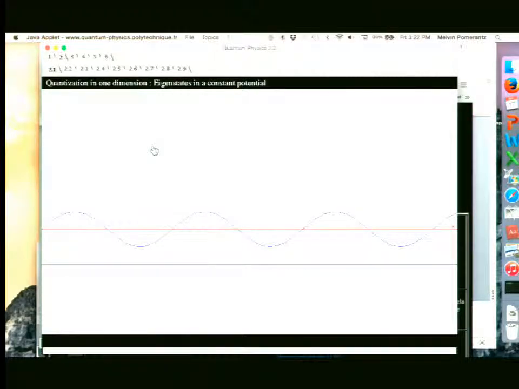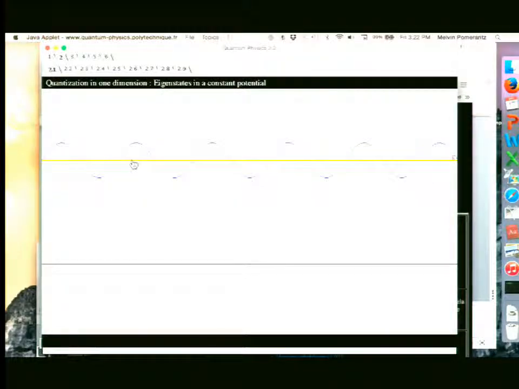Now it's illustrated in this particular demo. This line here is the energy. If I lower the energy, you'll see the wavelength getting longer. So this is supposedly the wavelength of a material particle, and it changes with its energy. If I make the energy higher, higher, higher, the wavelength gets shorter, shorter, shorter.